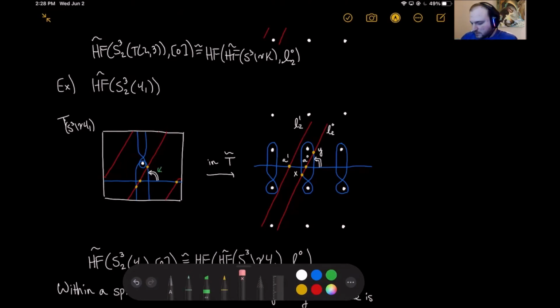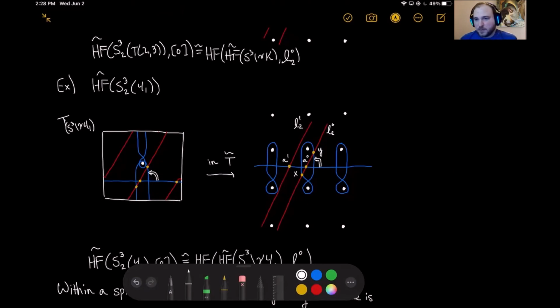This is another feature of the immersed curve invariant when it has multiple components. You see one of the components is a figure 8, the other is a horizontal line. This is what we'll refer to as a grading arrow. This will show up more in the second talk, but when you want to recover the Maslov grading in a given spin-C structure, you need to use these grading arrows to do that.